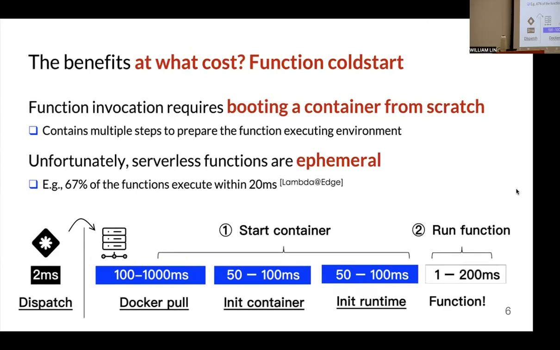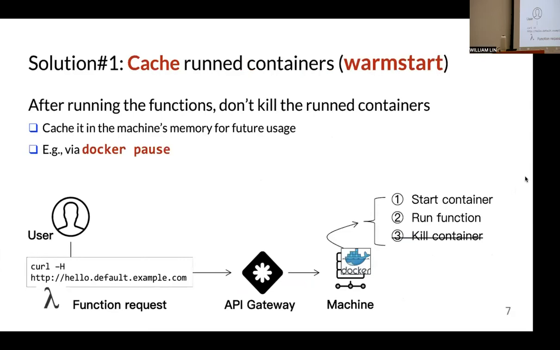These overheads can be orders of magnitude higher than the function's execution time, considering that most serverless function executions are short. For example, a report from Lambda at Edge has reported that 67% of the functions run within 20 milliseconds.